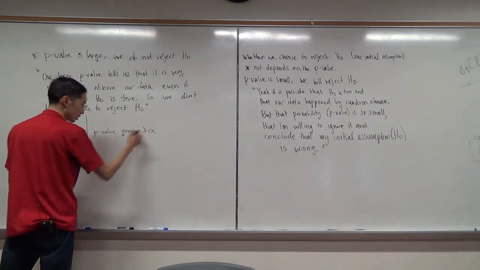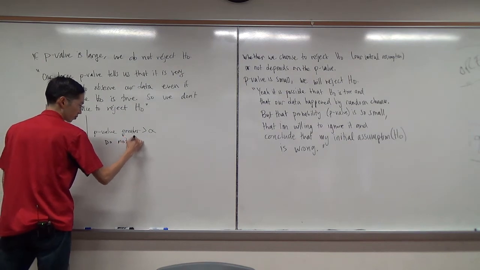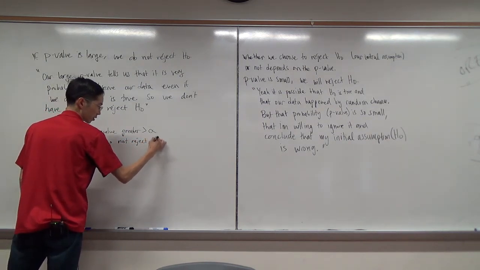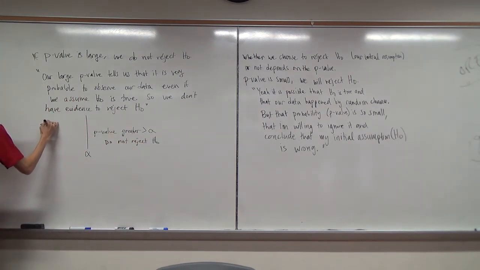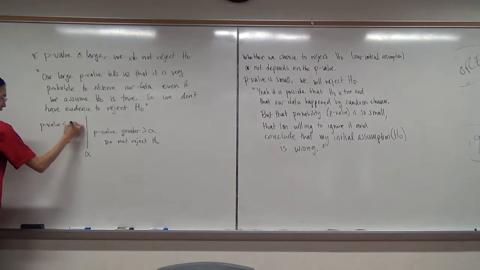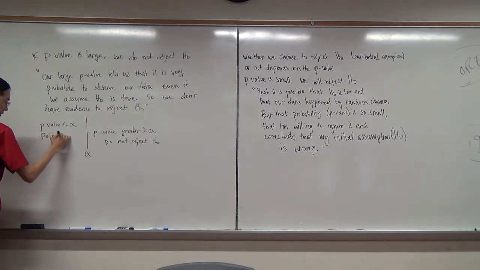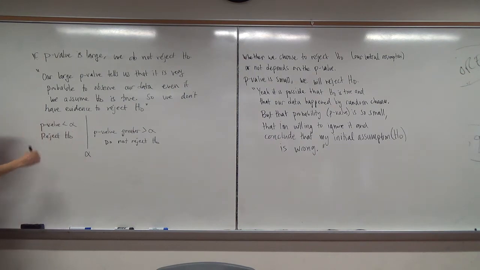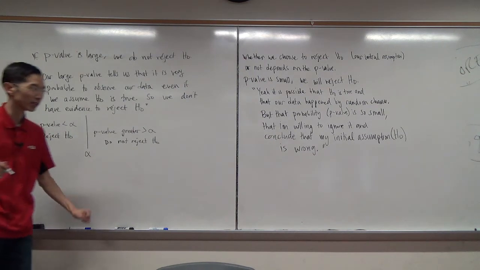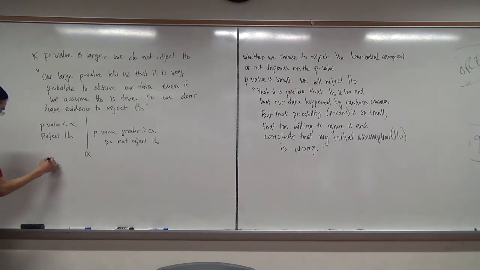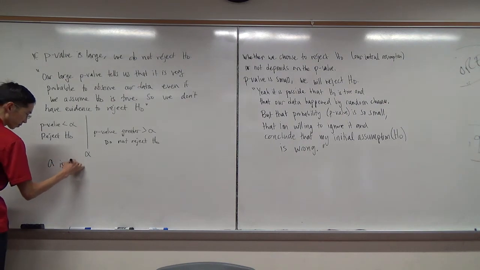P-value greater than alpha, do not reject the null hypothesis. And if the p-value is less than alpha, we reject the null hypothesis. Alpha is also known as the significance level.